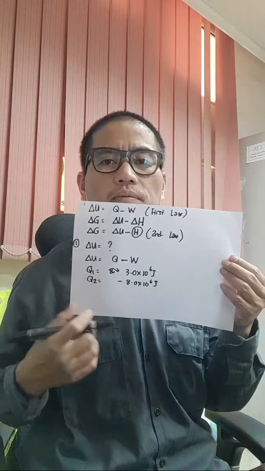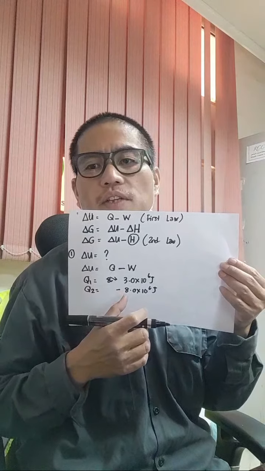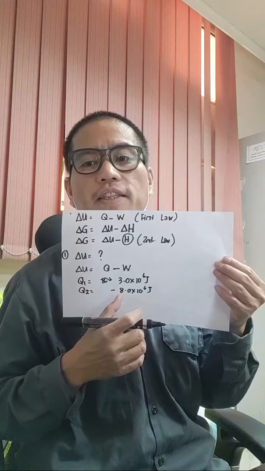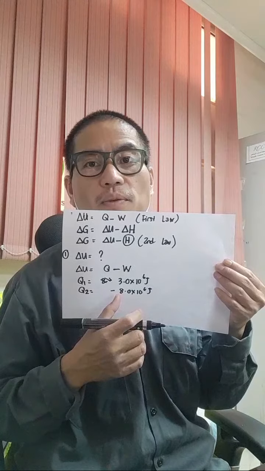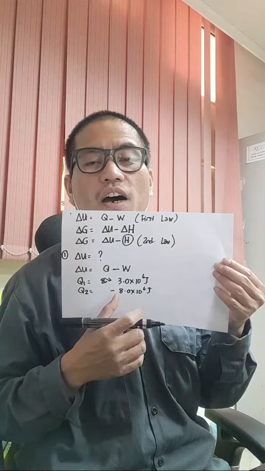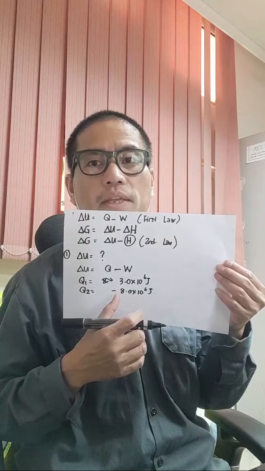So Q2 is equal to negative 8.0 times 10 to the 6 joules, because it is the heat transferred to the environment or to the surroundings.